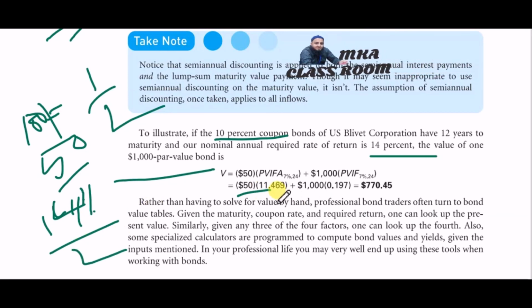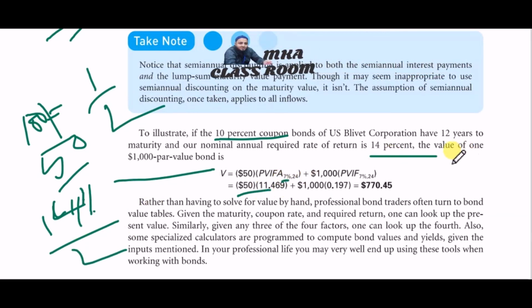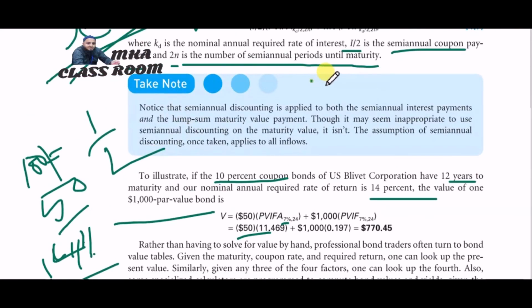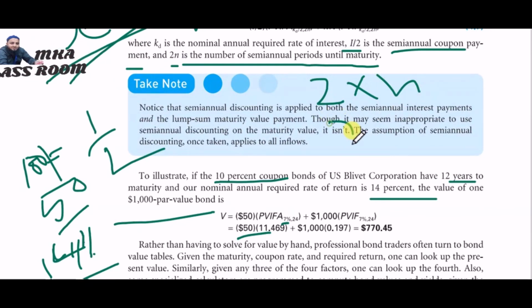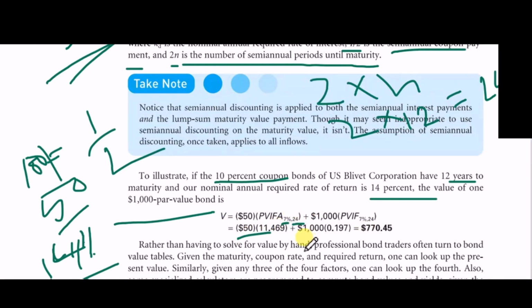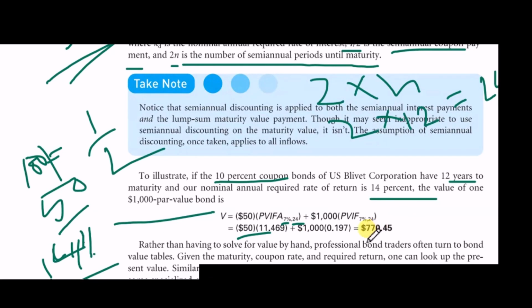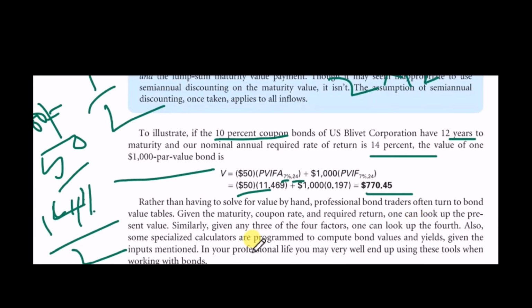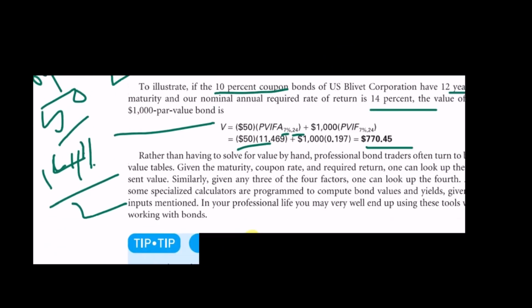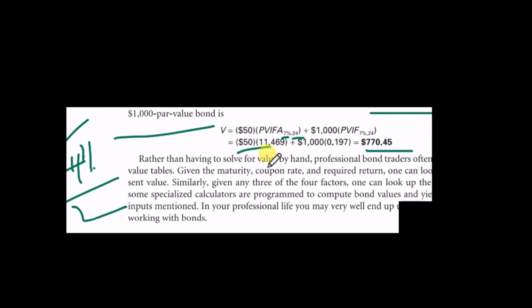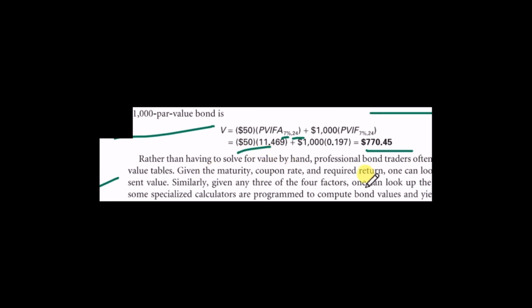That is 7%. And 12 years to maturity means 2 times N, that means 2 times 12, that is 24 as our periods. So if we find this value from our table, then the value is 770.45 taka. 770 taka is our bond value.